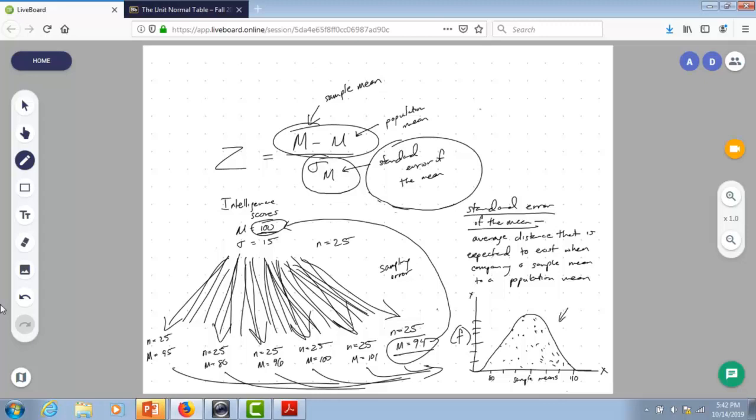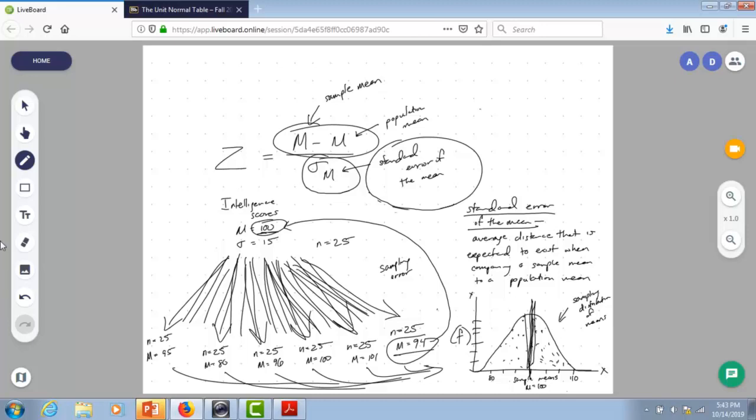This type of distribution would be something called a sampling distribution of means, and in the center it would be expected that the population mean would reside. Get into my point, folks.